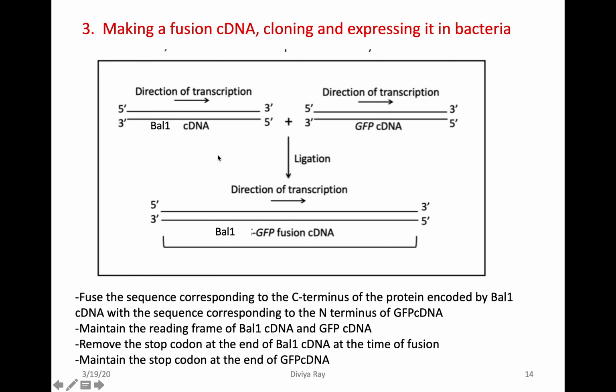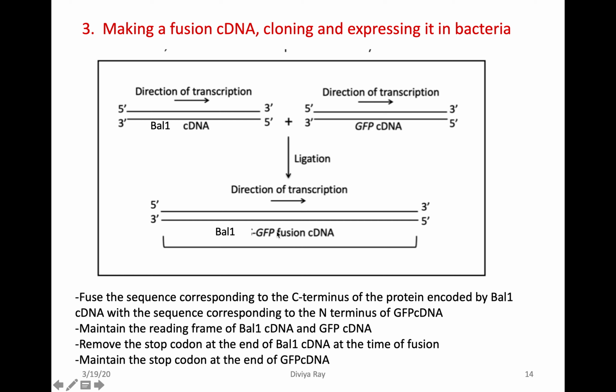First of all, when she is fusing these two, she should be absolutely sure that she maintains the reading frame of the BAL1 cDNA as well as the GFP cDNA.